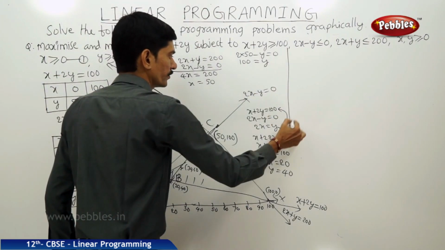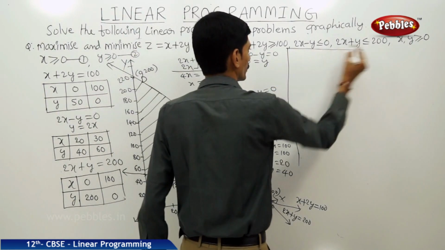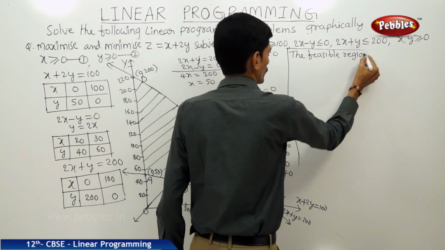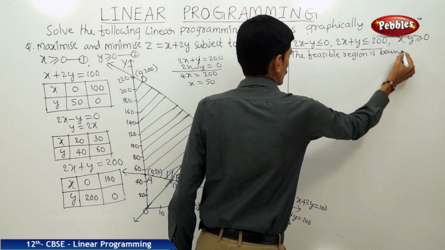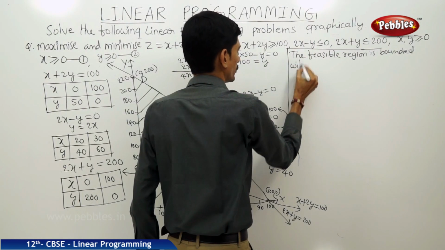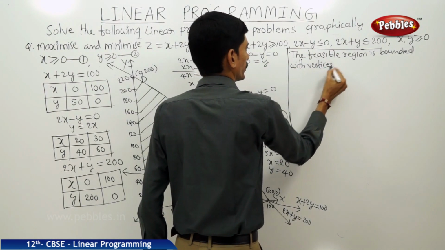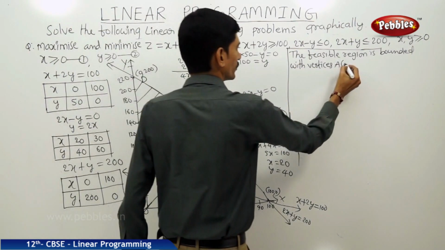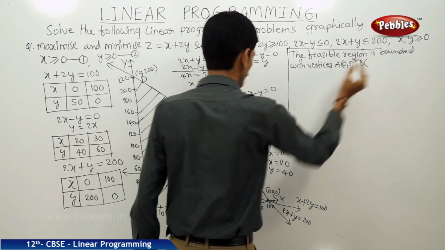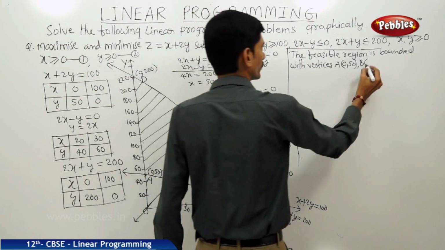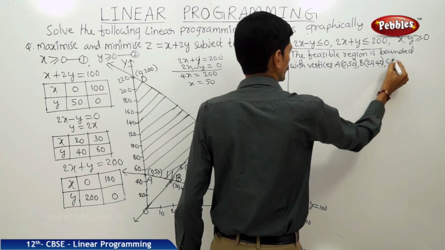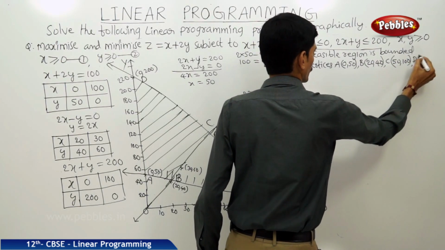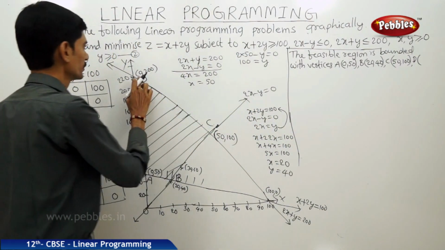Now the feasible region is bounded with vertices A 0, 50, B 20, 40, C 50, 100, D 0, 200.